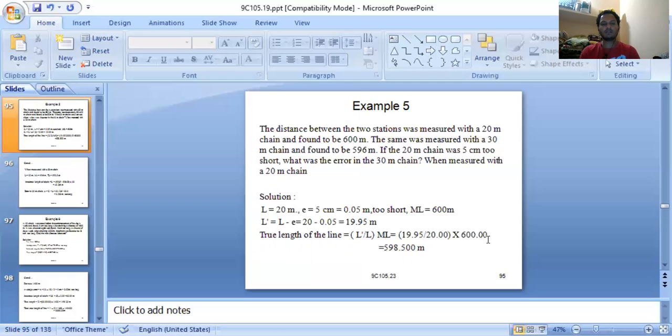The true length of the line formula is L dash by L into measured length. We will substitute the first statement's values, where true length is equal to L dash by L into measured length, which is 19.95.